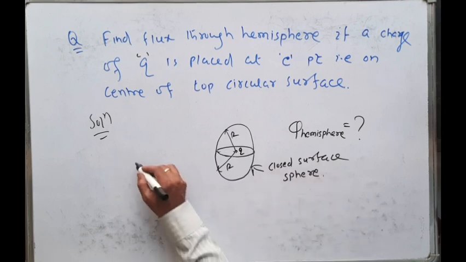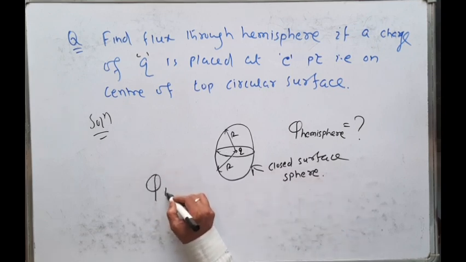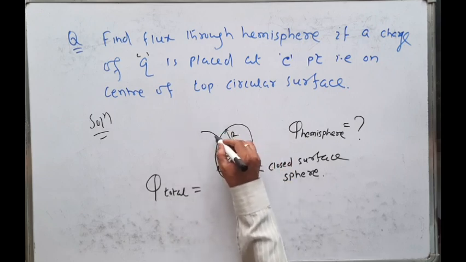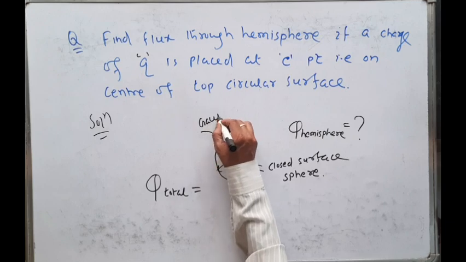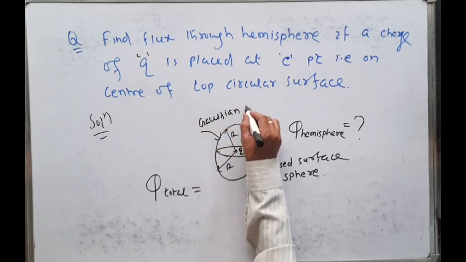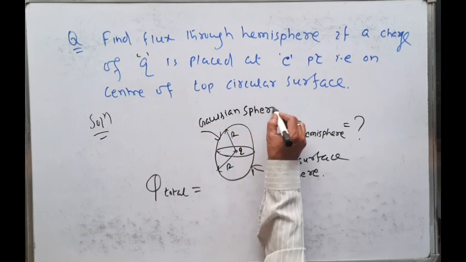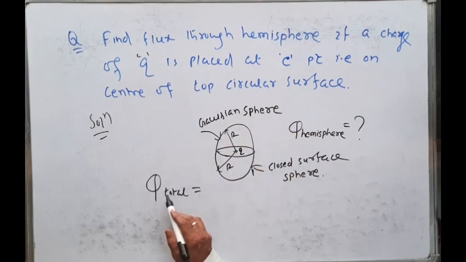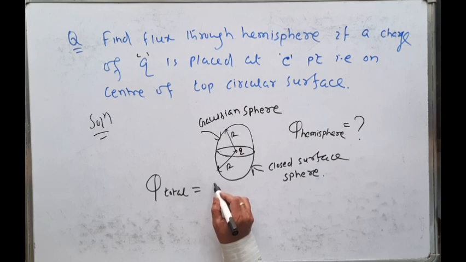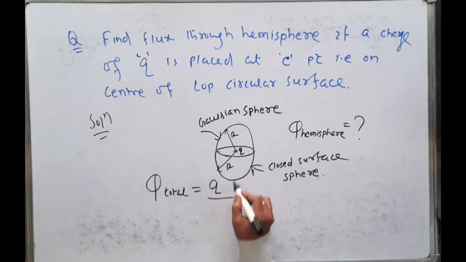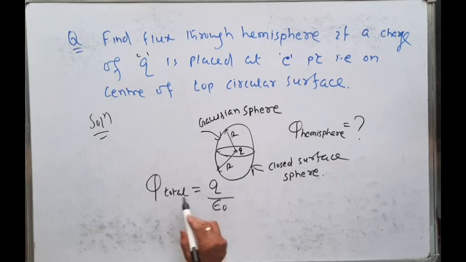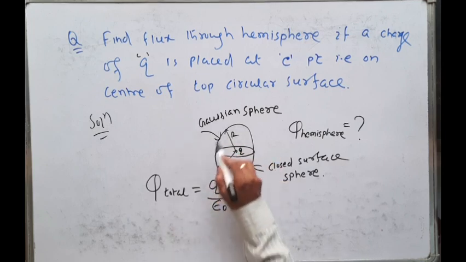Now first find out the total flux from the whole Gaussian sphere. Our surface is a sphere, so we can call it a Gaussian sphere. The total flux from the Gaussian sphere is equal to the charge enclosed. What is the charge enclosed within this sphere? Q divided by epsilon naught. So this is the total flux through the whole sphere.